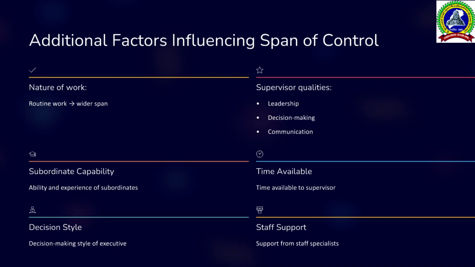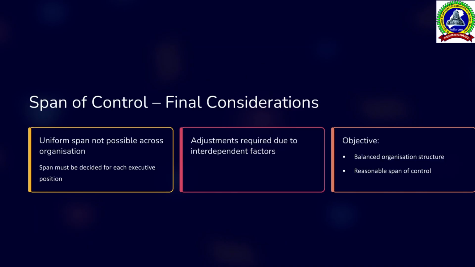Experienced subordinates require less supervision. Time availability, decision making style, and support from staff specialists also influence the appropriate span of control. Finally, we will conclude span of control with final considerations and understand why span cannot be uniform at all levels.